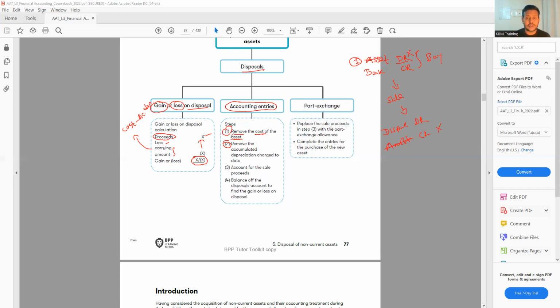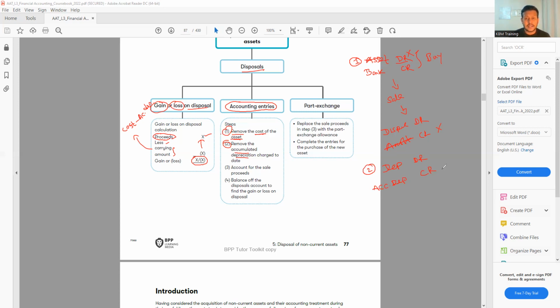Normally, the accumulated depreciation is a credit. Normally the depreciation is debit and accumulated depreciation is credit.